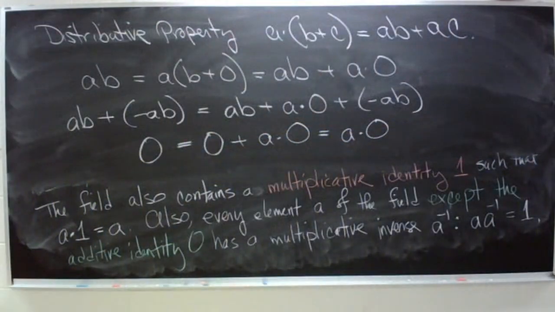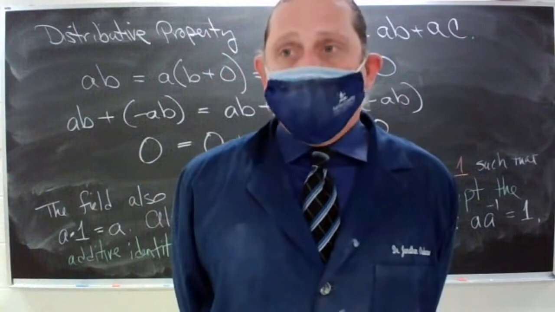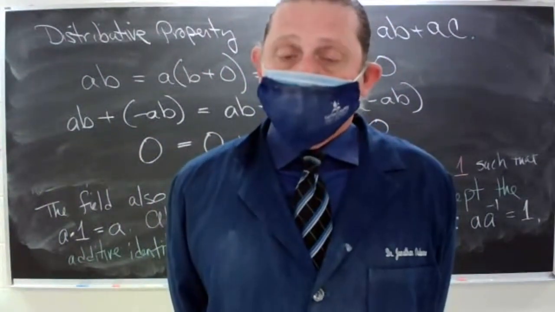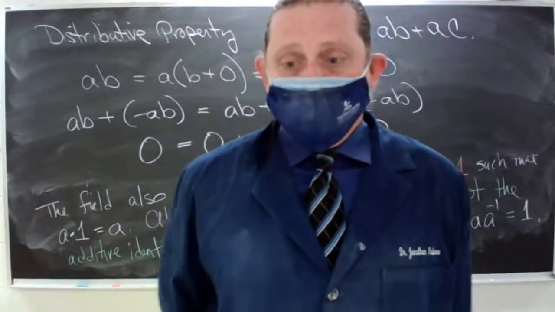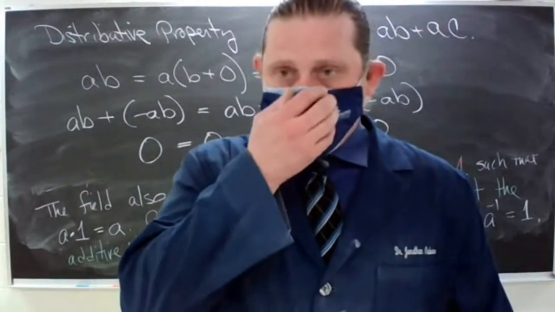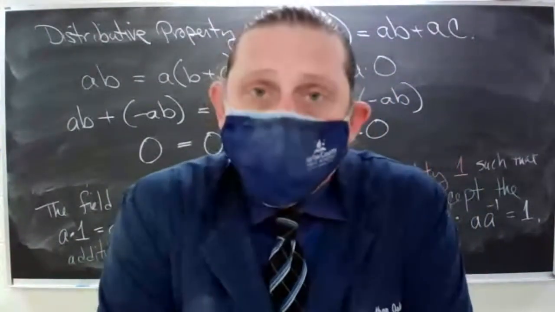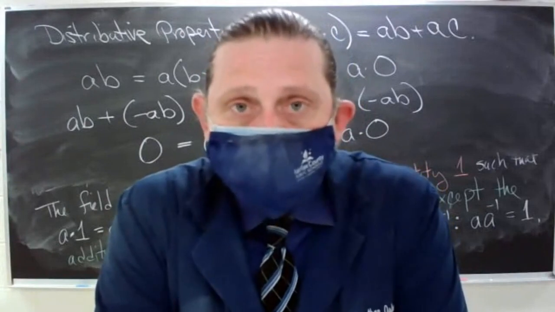The most common fields, and the ones that we'll be interested in, are like the real numbers and the complex numbers. Okay? But the rational numbers are also a field. As are, in number theory, a lot of times people work with the remainders when they do modular arithmetic.